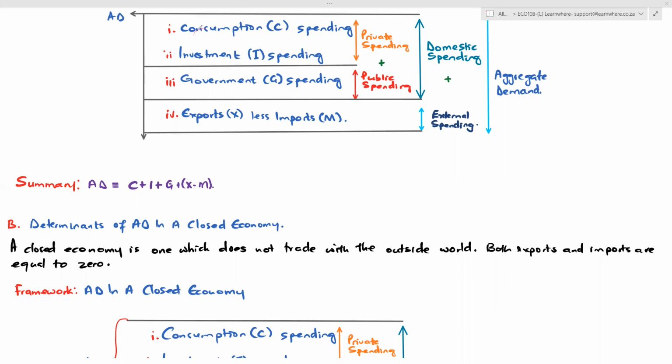So the Keynesian model is all about analyzing the components of aggregate demand and looking at what variables consumption depends on, what variables investment depends on, what variables influence government spending, exports, and imports.